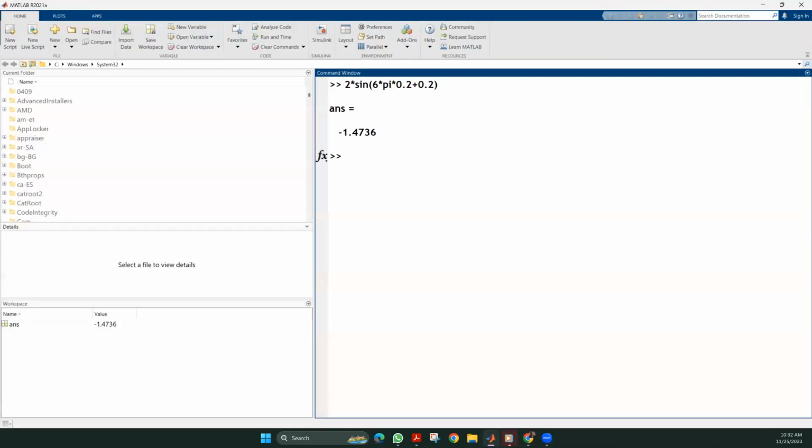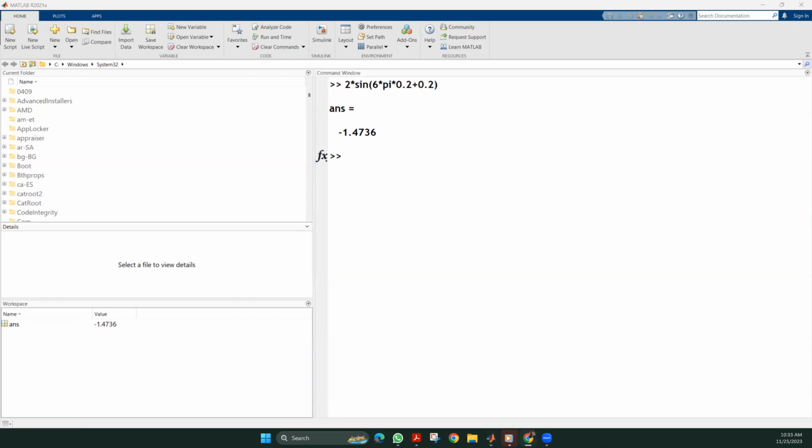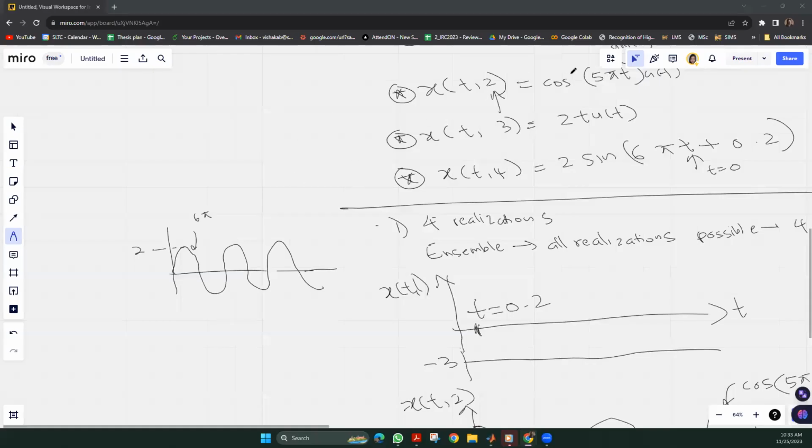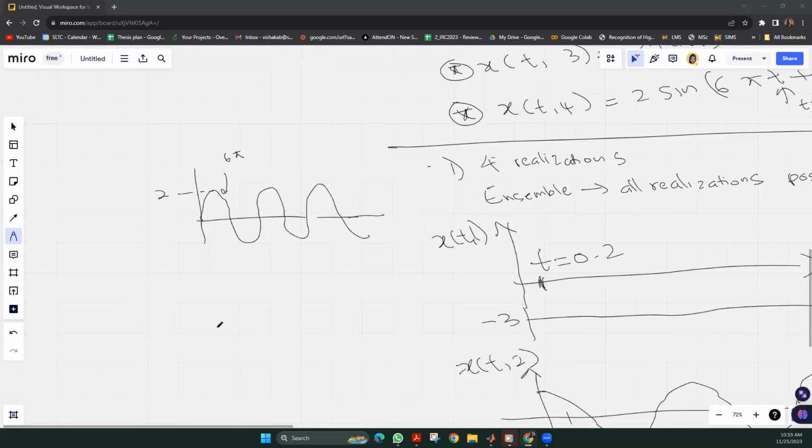So 2 into sine of 0.2 is going to be something like 0.3973. So we will draw the amplitude at that point to be 0.37, the value that we got.